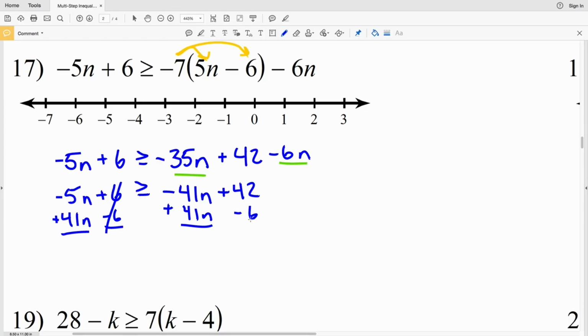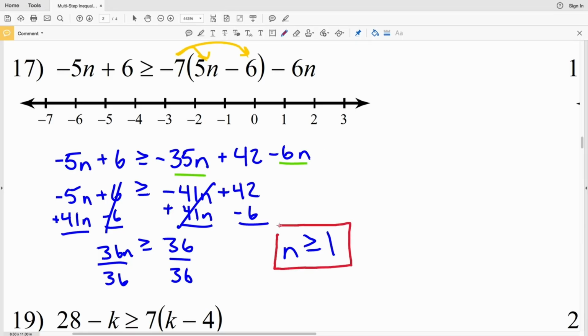And whatever I do to the left, I do to the right. Negative 5n plus 41n will be 36n, and that's going to be greater than or equal to 42 minus 6 is 36. Divide both sides by 36, and I'll get that n is greater than or equal to 1.